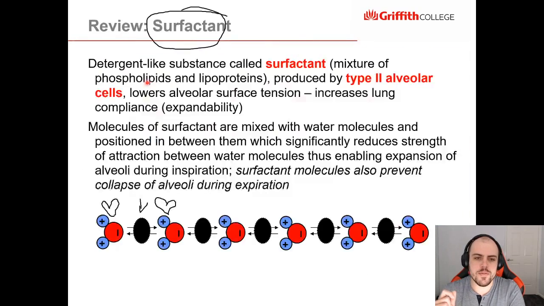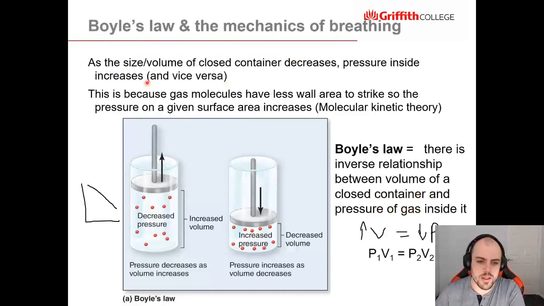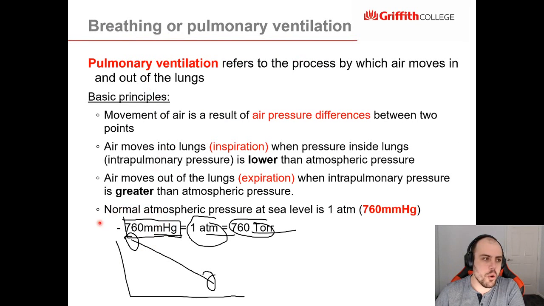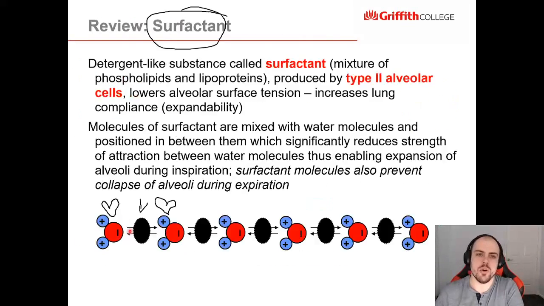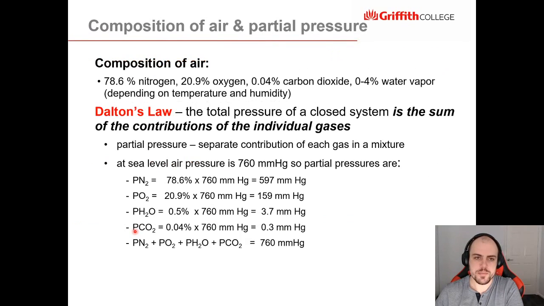If I do a bit of rewinding, I said to you guys all the way back here, our normal atmospheric pressure, our normal air pressure is 760 millimeters of mercury. Okay, that's cool. Why is it 760 millimeters of mercury? Why is air doing that? This is where Dalton's law comes into place.